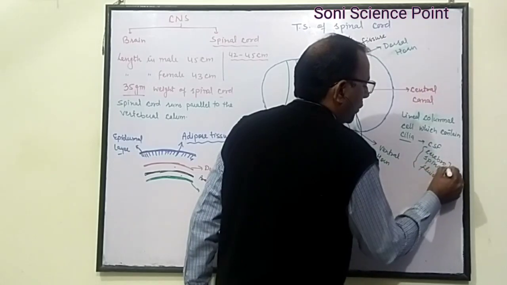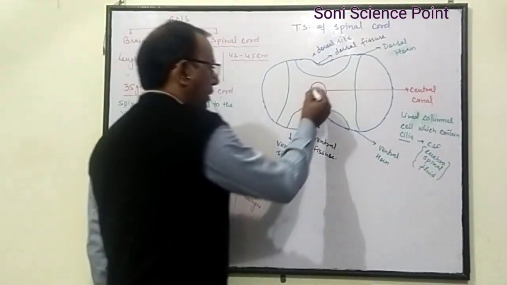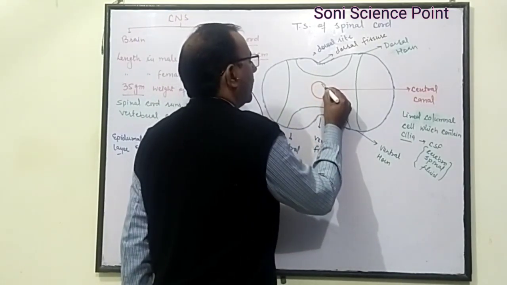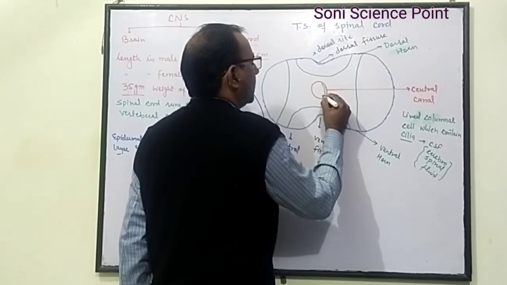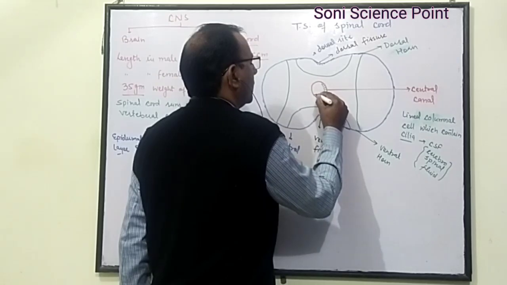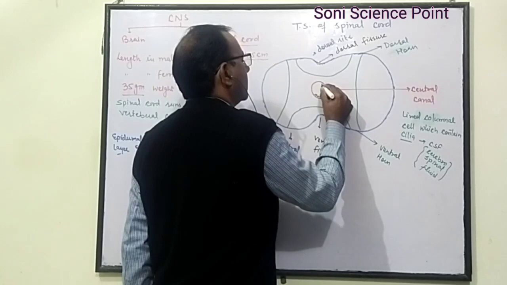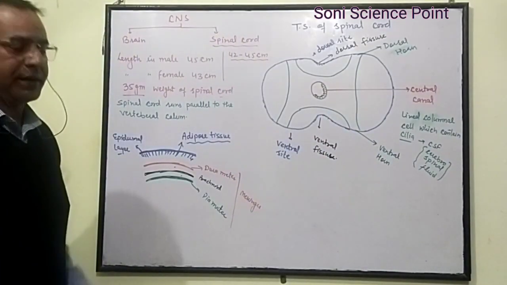This is the fluid which protects our brain as well as the spinal cord from external shock. This structure contains columnar cells with cilia, and is filled with a fluid called CSF, cerebrospinal fluid.